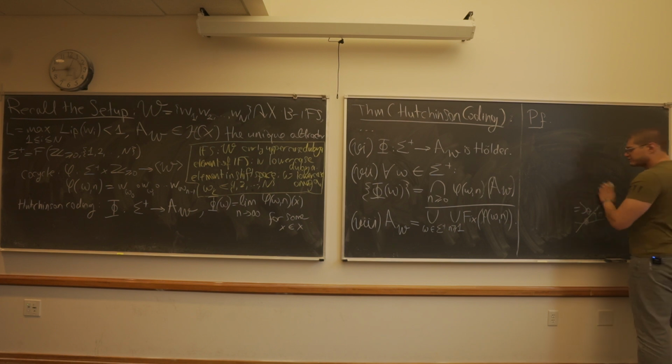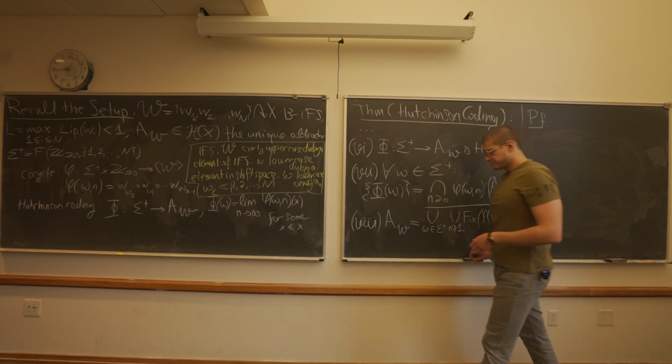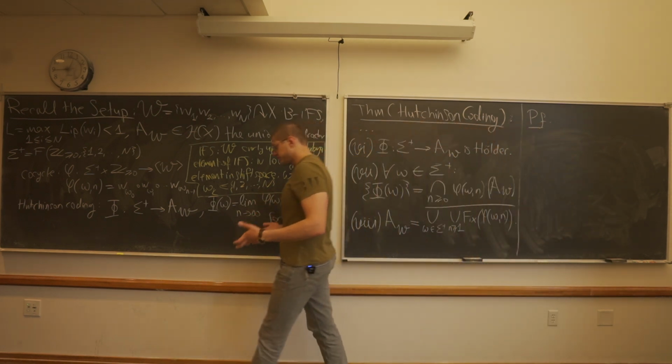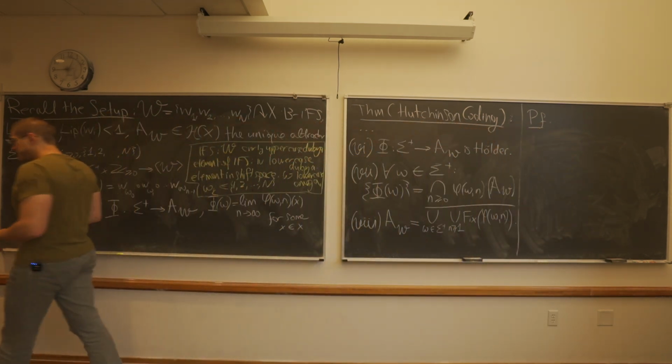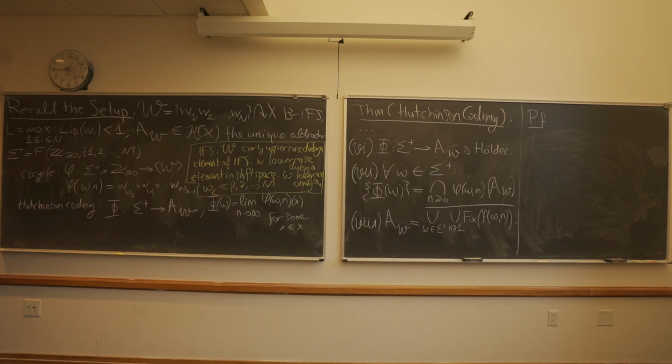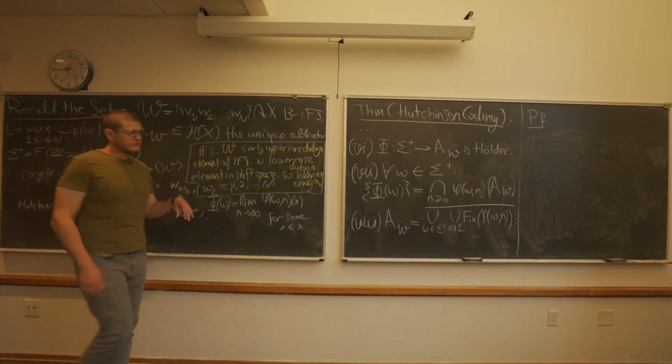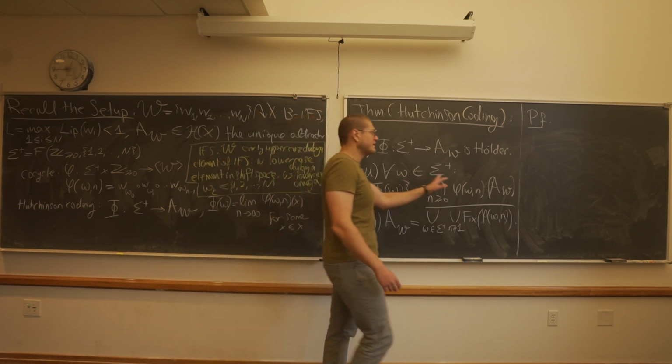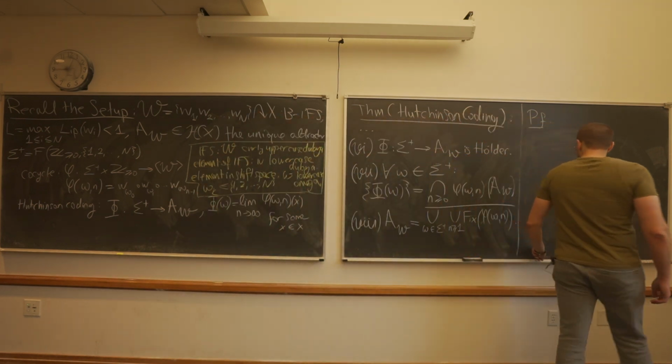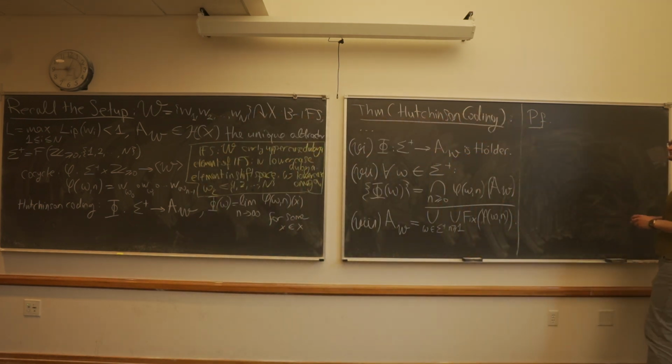When we start talking about dimension, at least Hausdorff dimension, merely continuous functions or even merely uniformly continuous functions don't necessarily preserve dimensions. And Hölder functions too don't preserve, but at the very least you have some estimates. That's going to be useful later.